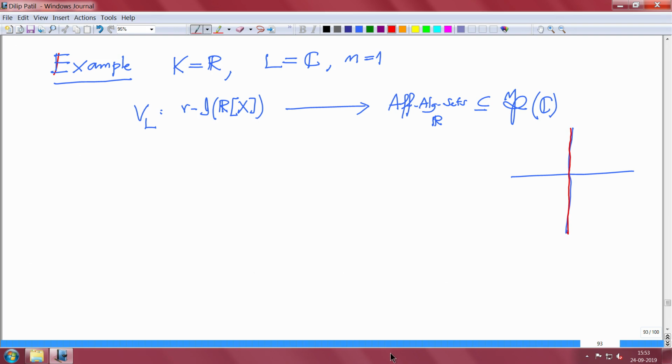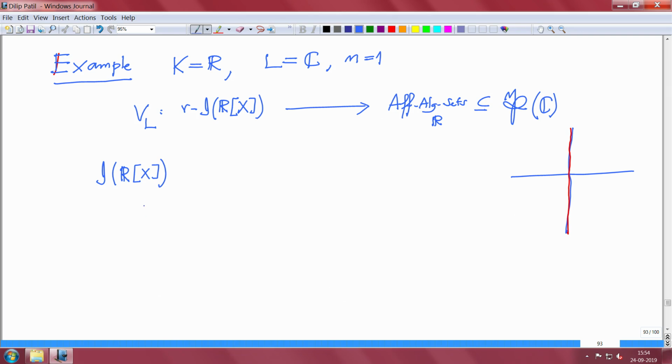So, remember we have only one variable and a real polynomial, and first of all remember what the ideals are. We know the description of ideals in a polynomial ring in one variable over a field. So, what are all ideals in R[x]? We know this. All ideals in R[x] are precisely the principal ideals generated by a polynomial.